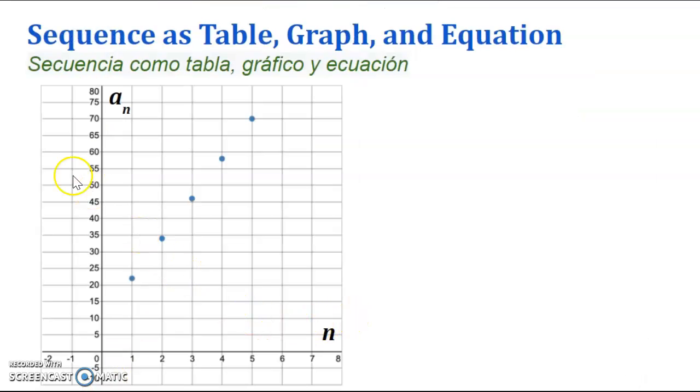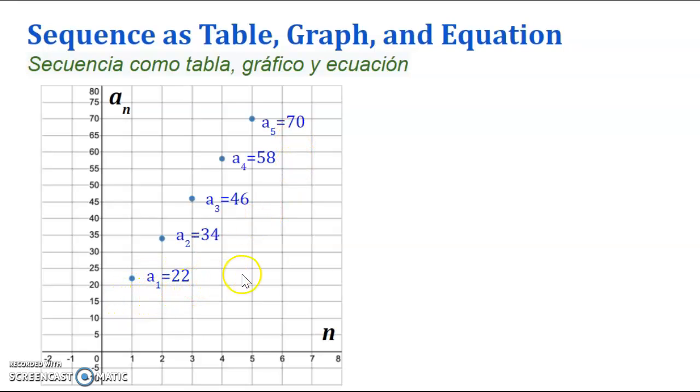Getting back to the slides, one of the questions asked you to go from the table or from the graph to an equation. To do that, you need to figure out what each one of the term values is. So a sub 1 was 22, a sub 2, the second term, was 34, a sub 3, the third term, was 46, a sub 4 was 58, and a sub 5 was 70.